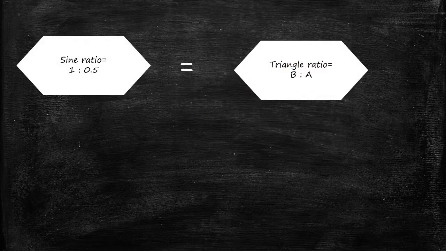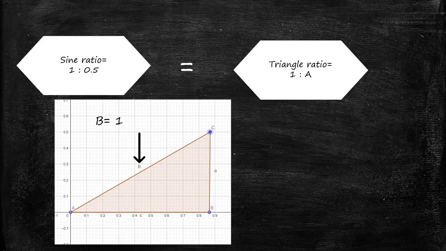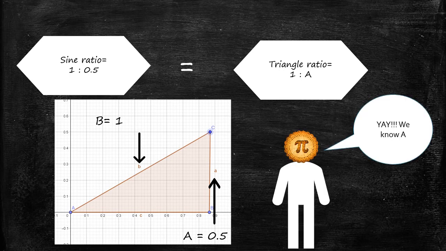Now that you know the ratio, B to A is equivalent to 1 to 0.5. And since we know B is already 1, now we know what A is, 0.5. So B equals 1 and A equals 0.5. Yay! Now that we know what A is, we can use this.